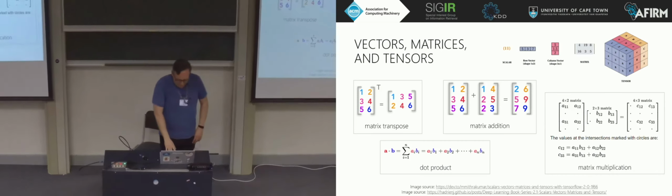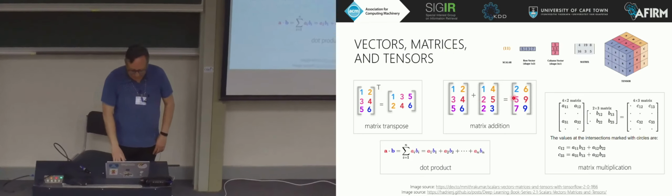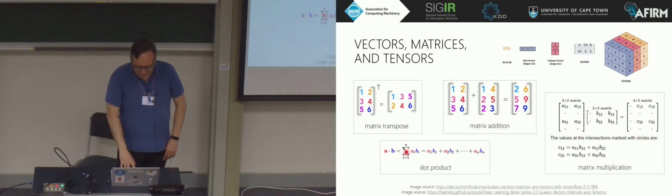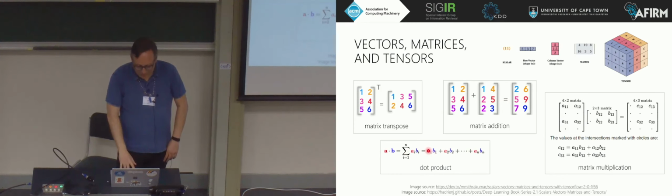So, for example, being able to sum matrices, being able to take 2 vectors and take the dot product, which is that you do an element-wise multiplication and then sum, and then matrix multiplication, where you do the dot product between each row and column to get the final result.